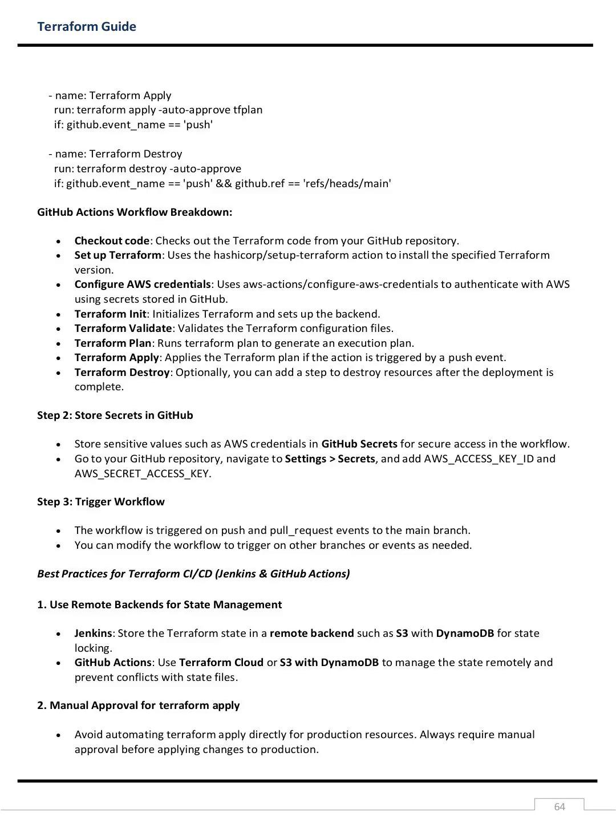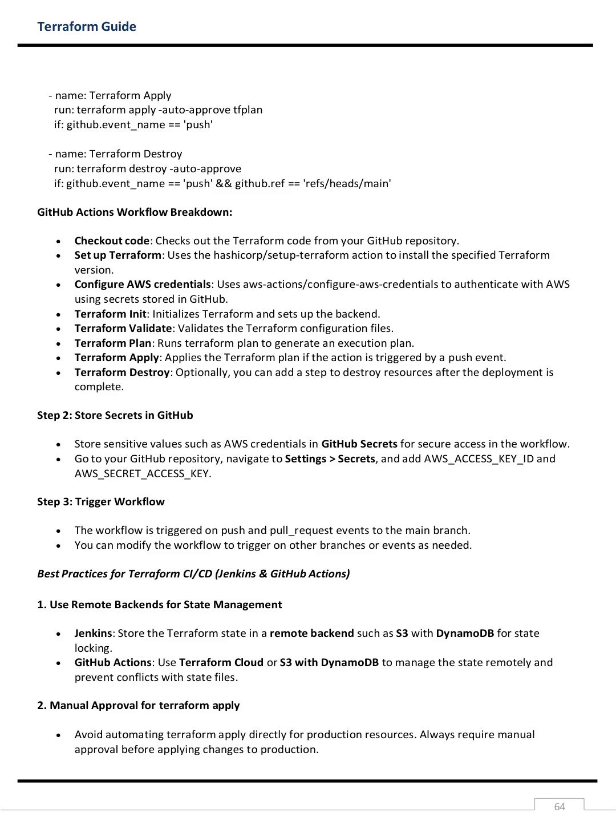GitHub Actions workflow breakdown. Checkout code checks out the Terraform code from your GitHub repository. Setup Terraform uses the HashiCorp setup Terraform action to install the specified Terraform version. Configure AWS credentials uses AWS actions to authenticate with AWS using secrets stored in GitHub.